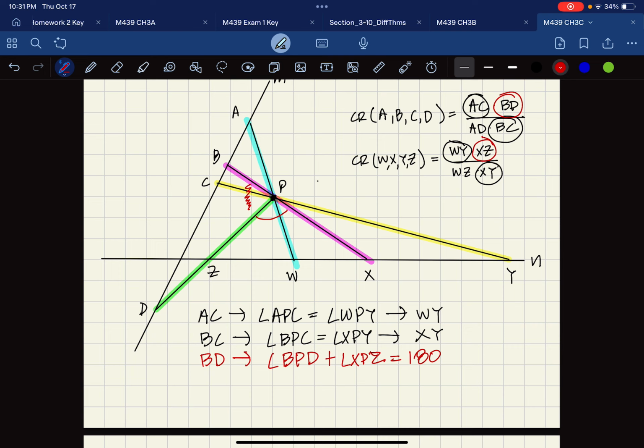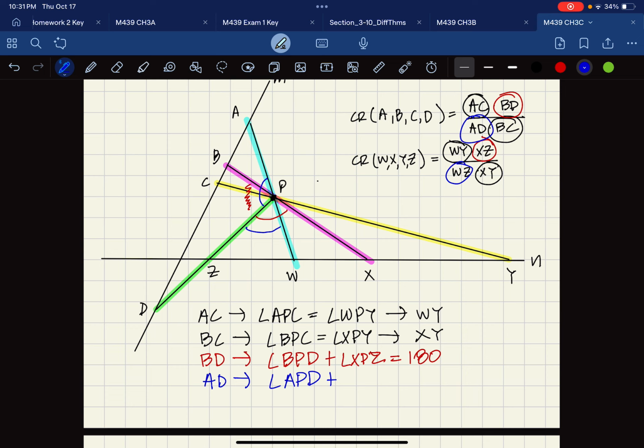And in the last step, we'll do this one in, say, blue. If I take a look at AD, then AD is associated with APD. So APD looks like that whole angle, right? And what we're after is an association with WZ, and it looks like WZ is this angle. So again, the same thing happens there.